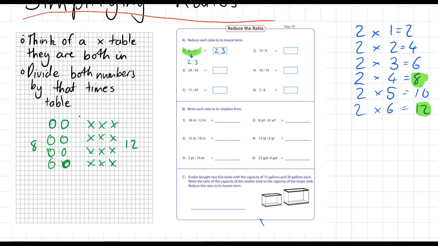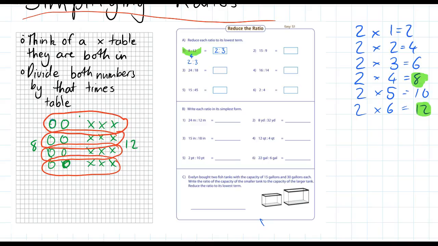And that's made up of 1, 2, 3, 4 groups of 2 to 3. Okay, so when we find the times table, we're finding how many groups we can cut it into, and then we're cutting it into those groups to make the numbers simpler.